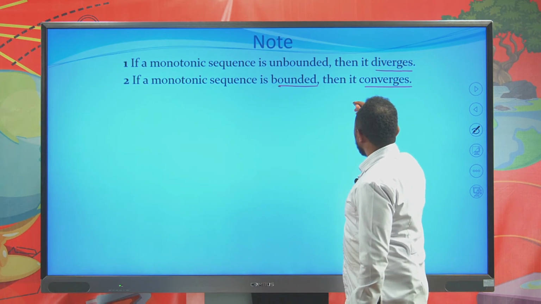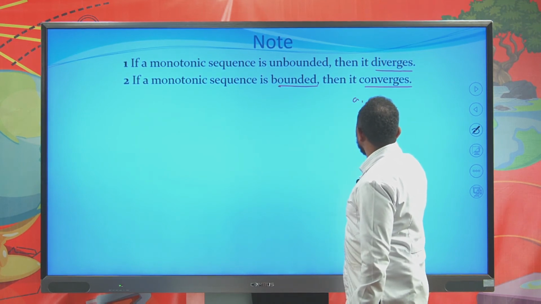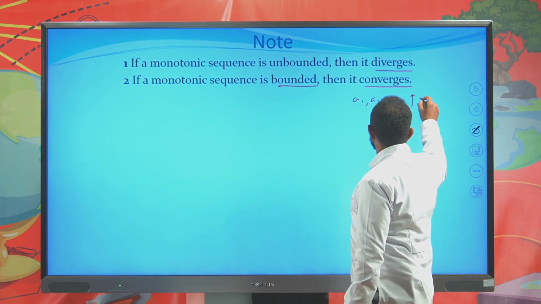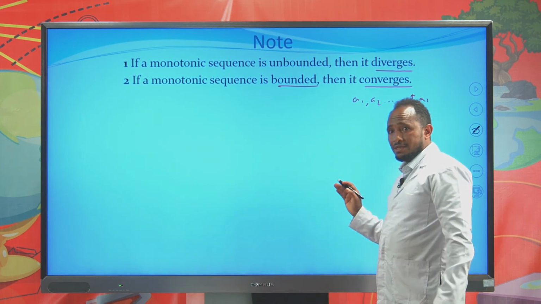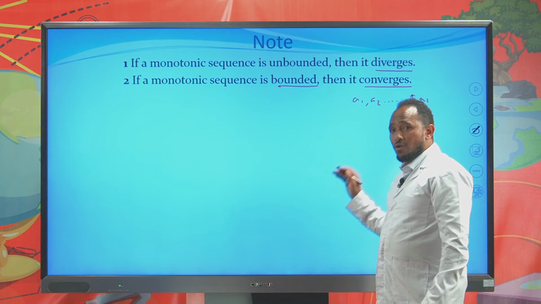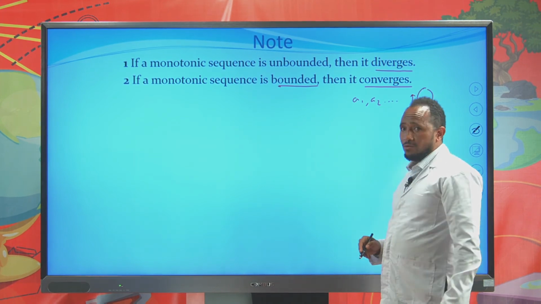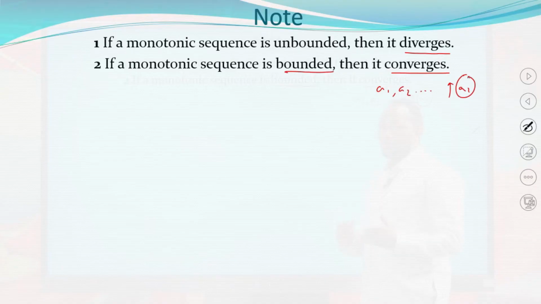Increasing bounded sequence: assume this one, a1, a2, it's getting bigger. It's a bounded sequence but increasing. In that case, the sequence converges to the least upper bound of that sequence. If it is decreasing, it converges to the greatest lower bound of that sequence.